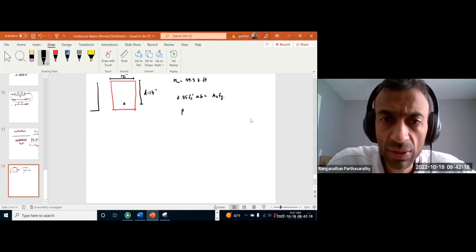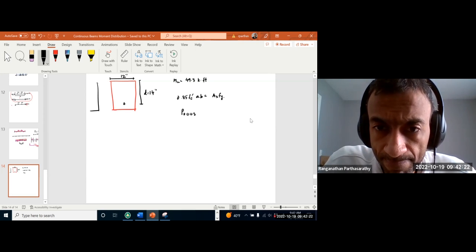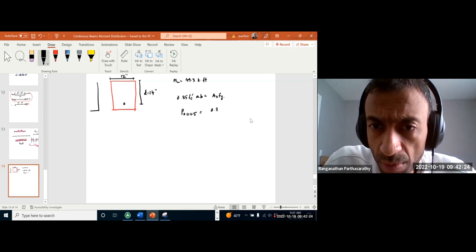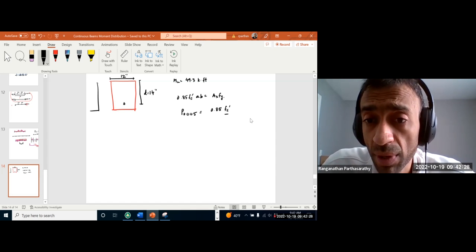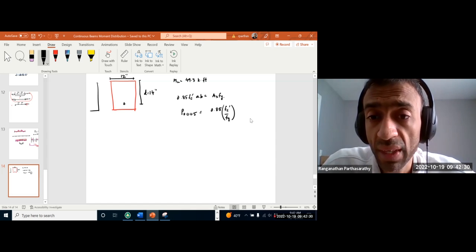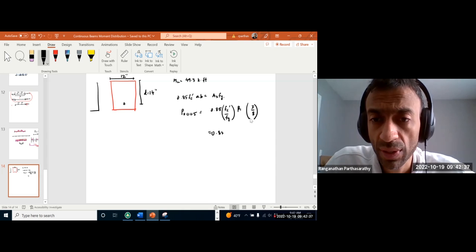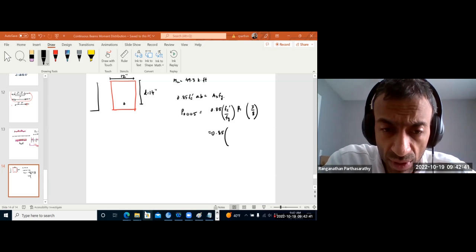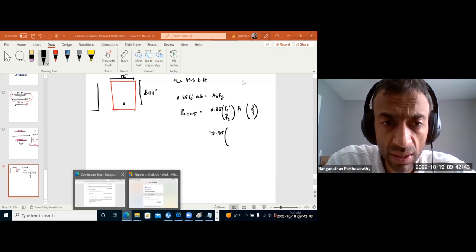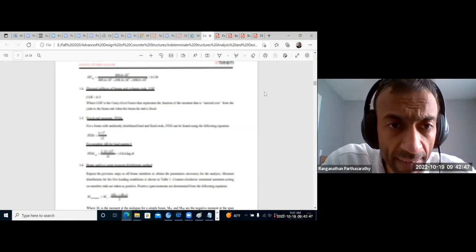So let's do based on rho 0.005. We know 0.85 fc' by fy, beta 1, and 3/8. So we know this is our fc' for this problem. I think we had 4,000 psi concrete, 60,000 psi steel. Let's go back and check.